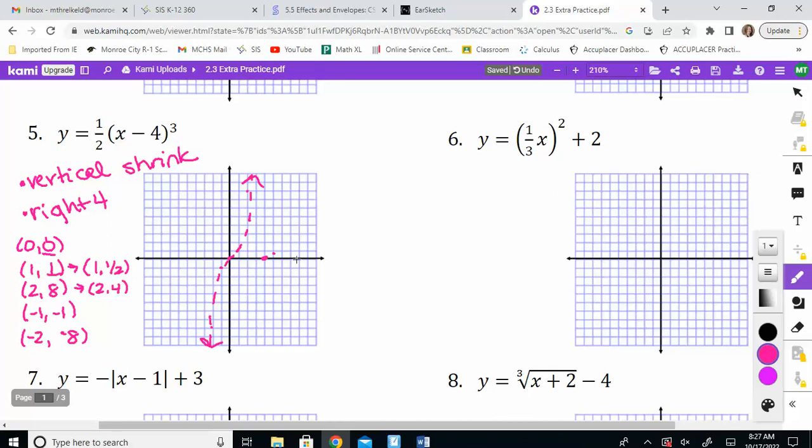If you take your y times a half, you get 2, 4. -1, -1 will go to -1, -1/2, right 4. -2, -8 would go to -2, -4, and then right 4.